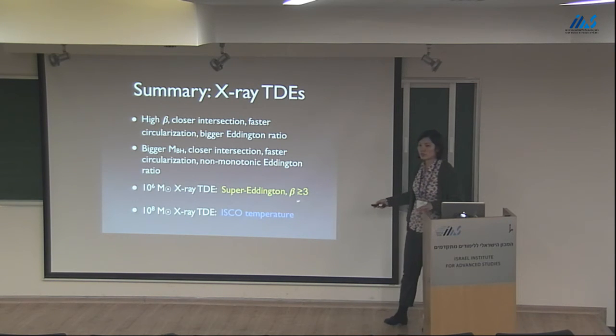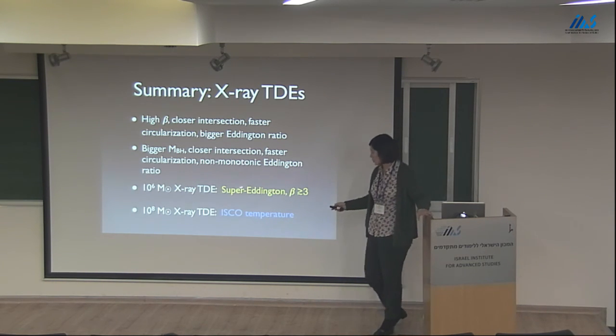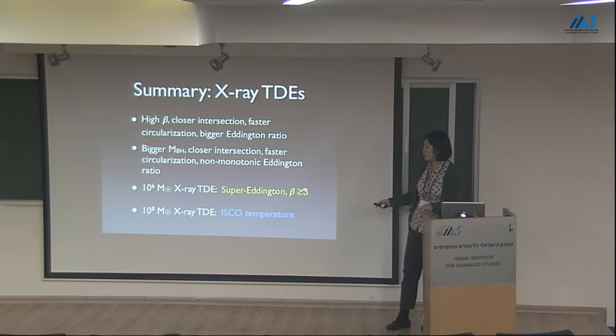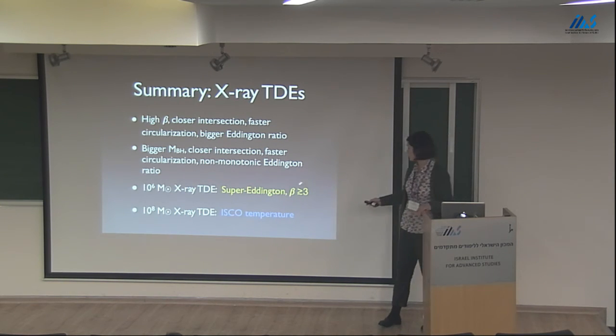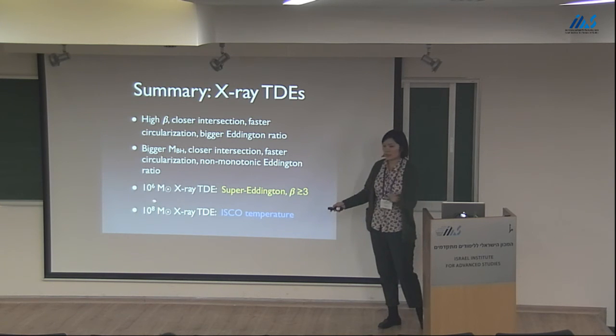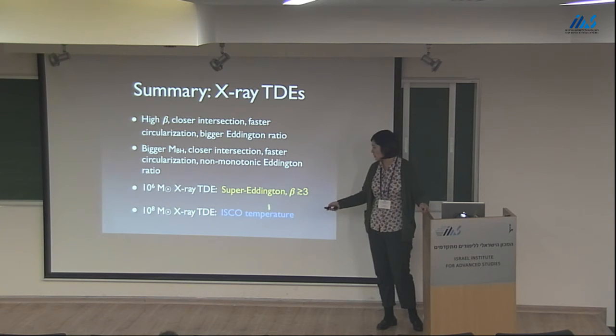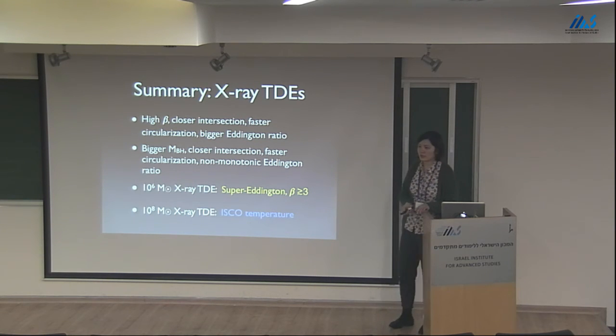And there seem to be two ways of producing soft X-ray temperature TDEs. One is for TDEs happening on the smaller side of the mass spectrum. These are super Eddington high beta encounter events. And on the very massive side, these are just very small thin disks with the ISCO temperature in soft X-ray. So that's my talk. Thanks.